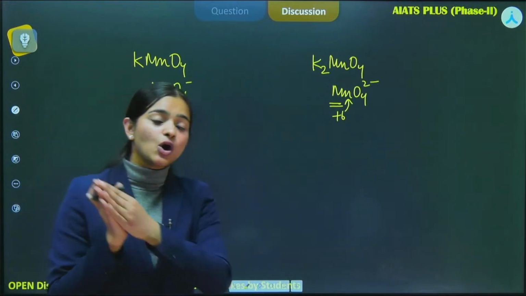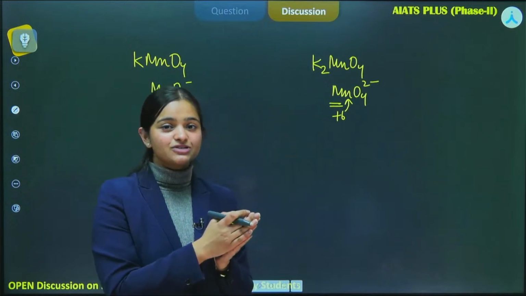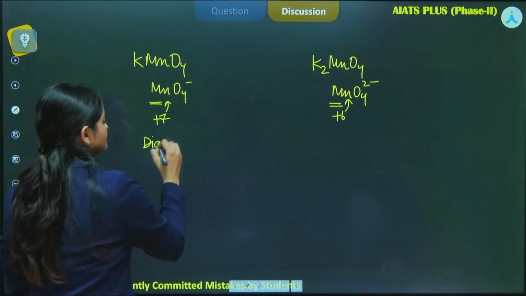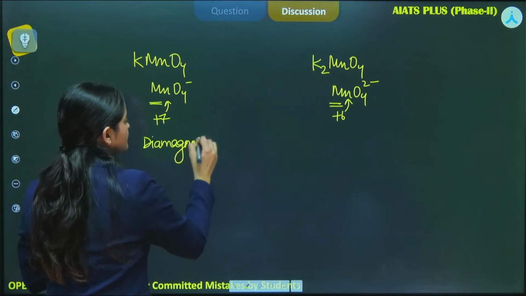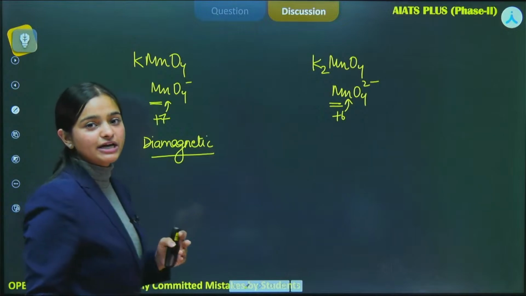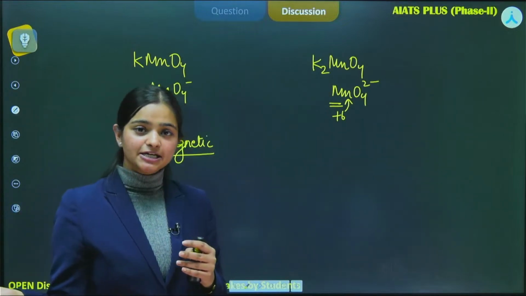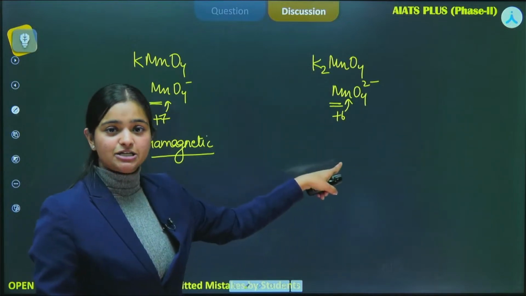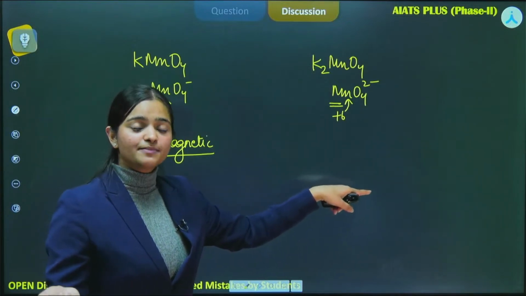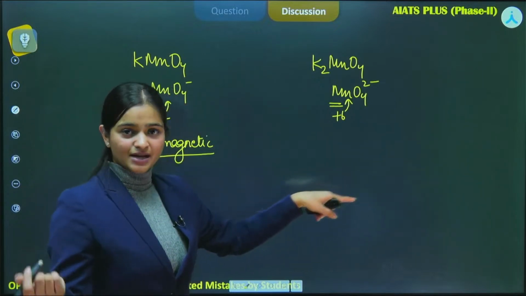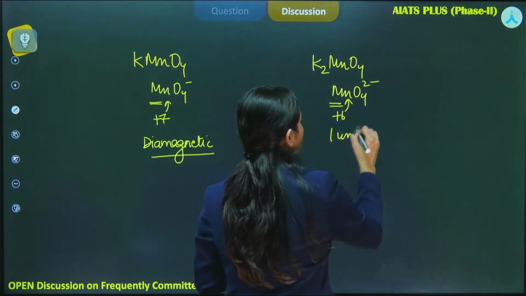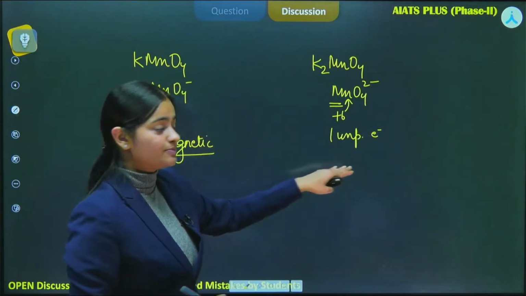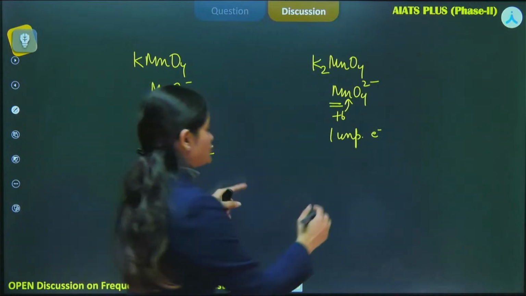Now if I remove all the 7 electrons of manganese from its valence shell, then it becomes a diamagnetic species, and its electronic configuration becomes equal to argon. And if I talk about the manganate ion, where the oxidation state is +6, then the electronic configuration becomes 3d1 4s0, right? So it has one unpaired electron. So this is a paramagnetic species, whereas the other is a diamagnetic species.